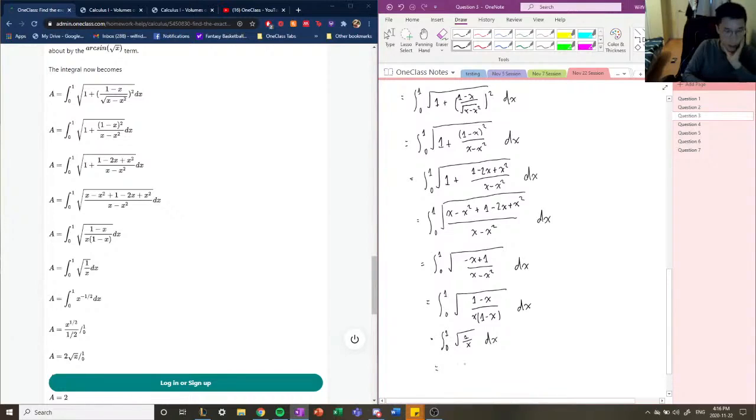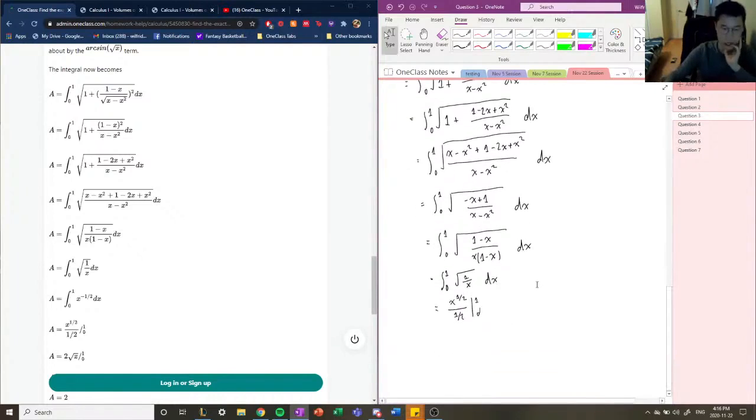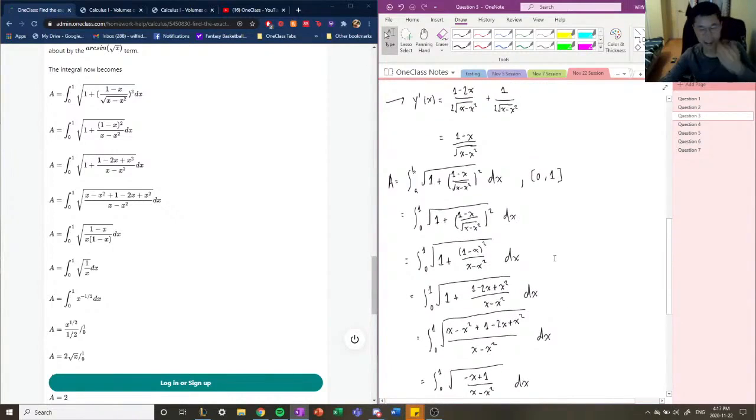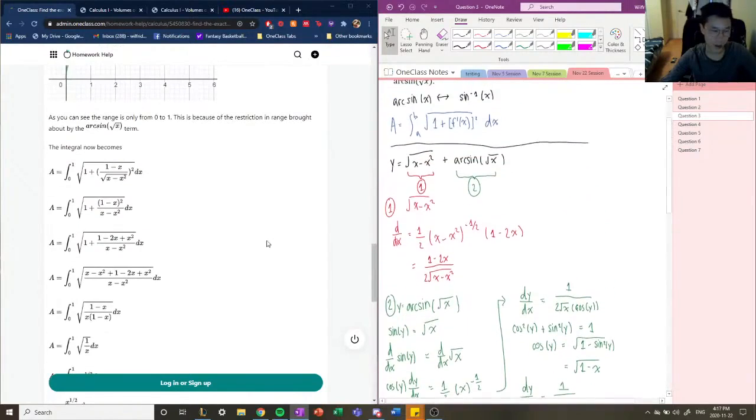And if we now evaluate this integral, we use our power rule here, so it'll be x to the one half, or 1 over 2, from 0 to 1. Okay? And that equals, we're almost there, guys, 2 root x from 0 to 1, which equals 2 minus 0, and that equals 2. Okay, cool.